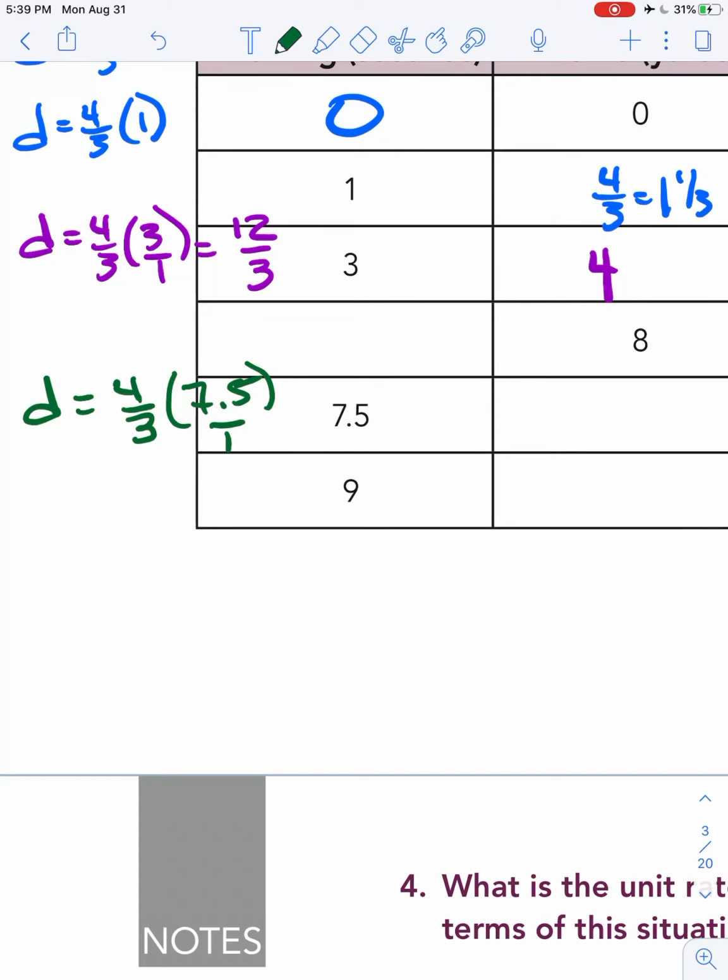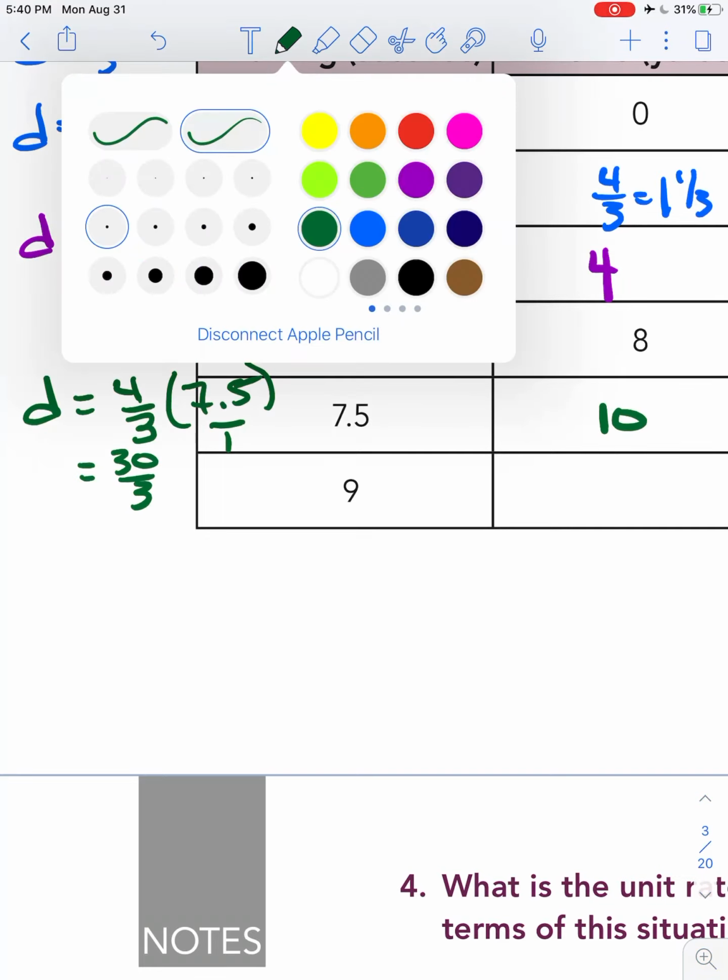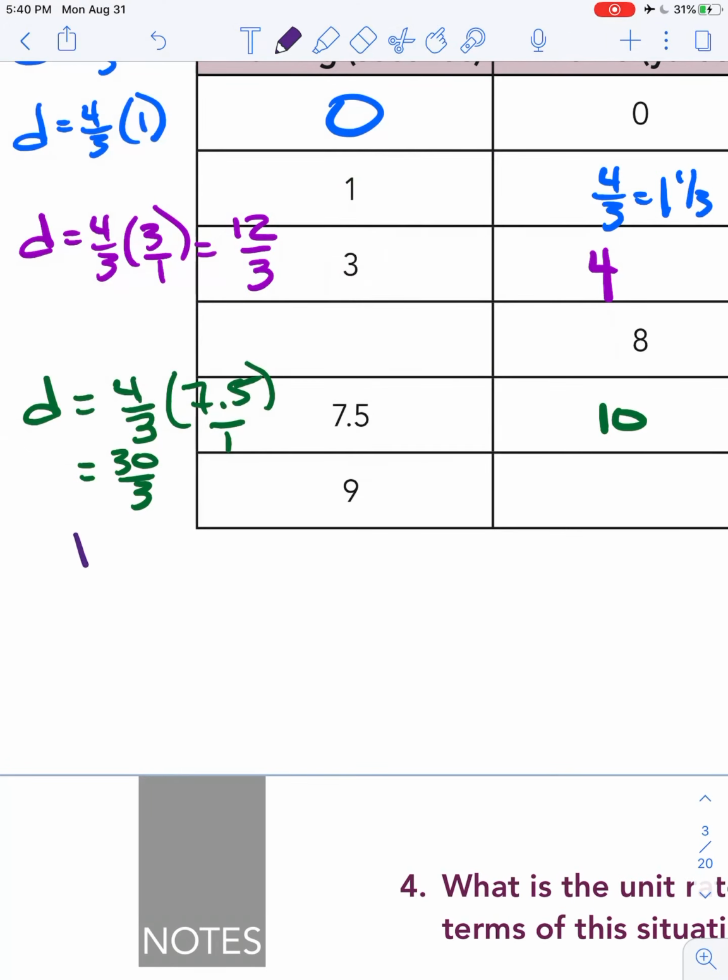So this would get me, I'm going to write it down here, 30 over 3, which would get me 10. And last but certainly not least, oh, it's not really the last one, 9, which is the same thing as 9 over 1, 36 over 3, which would be 12.